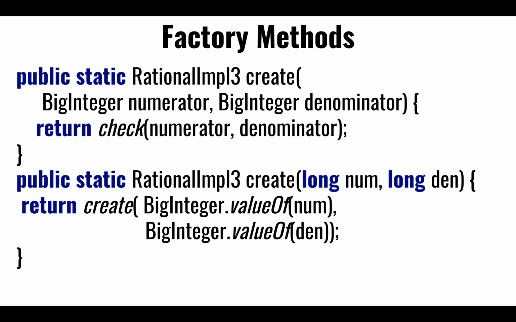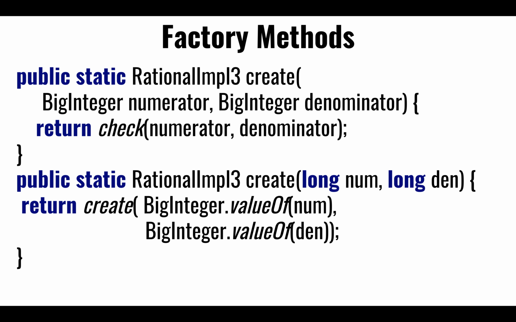What we're going to do is push down the responsibility for the numerator and denominator to a different layer of abstraction. We're going to say, check and verify that the numerator and denominator enforce the following constraints.